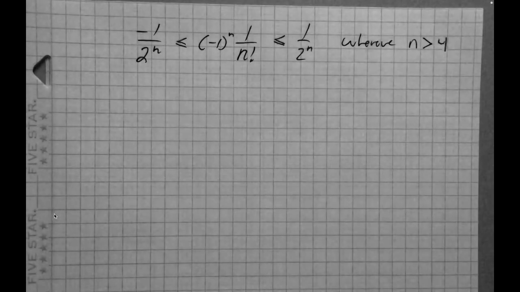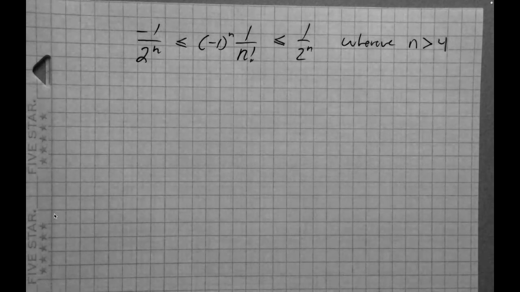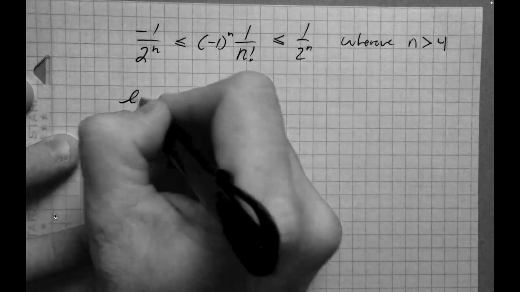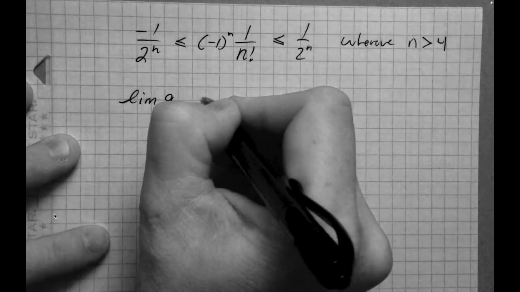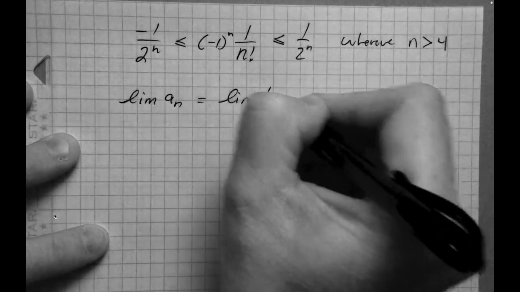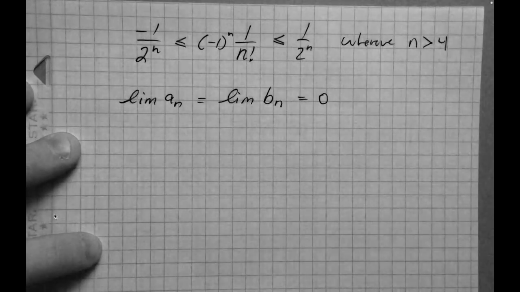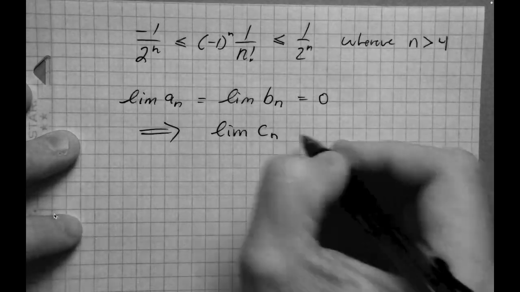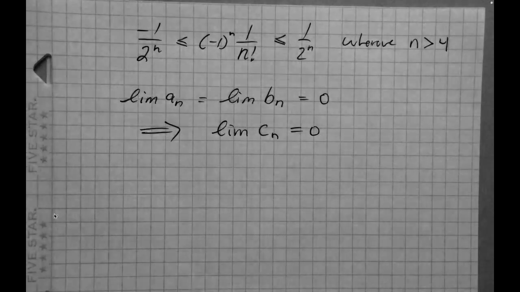So basically, this is the condition that the C sequence has to have relative to the A and B sequences in order for the squeeze theorem to apply. And so we know that the limit of A of n is equal to the limit of B of n, which we said was 0. And so that implies that the limit of C of n equals 0 as well.